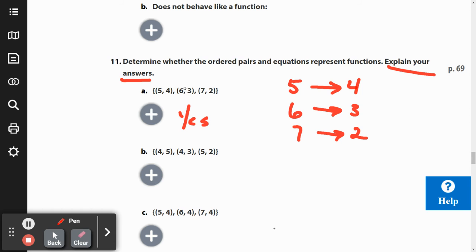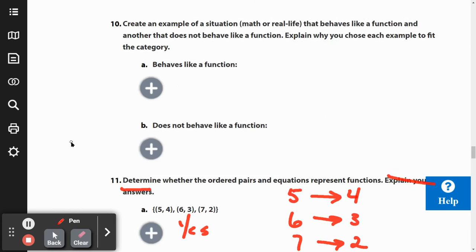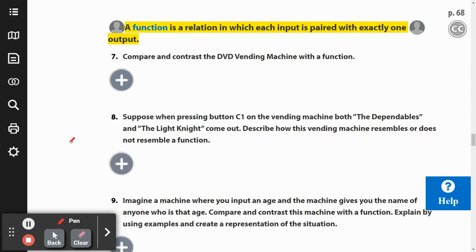One input has exactly one output, right? You're going to take this definition here that I highlighted, and you're going to say: each input is paired with exactly one output. That's going to be your explanation. So you're going to have to write that. If we say yes, you're going to need to write each input is paired with exactly one output.